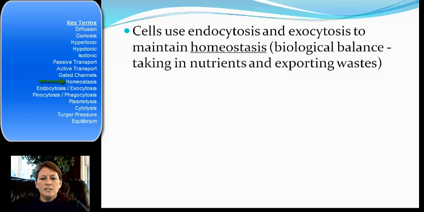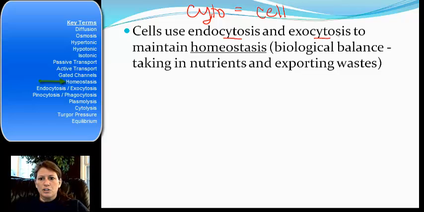Okay, now cells also use other things to get molecules to move in and out, and it's called endocytosis, exocytosis. It sounds like a very complicated term, but anytime you see the word cyto, that equals cell. So if we have cytolysis, that's referring to the cell.